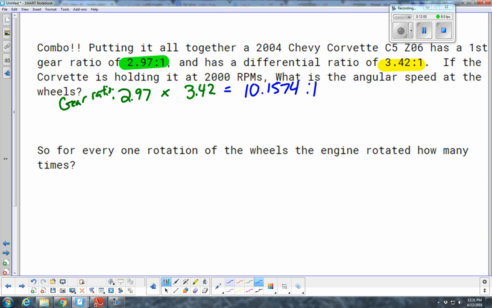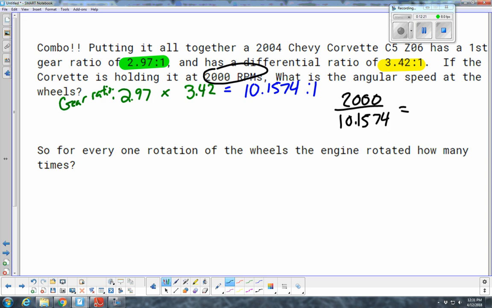Now we're going to take the angular speed, 2,000 RPM, and divide it by 10.1574. That's going to tell me how fast my wheels are spinning.